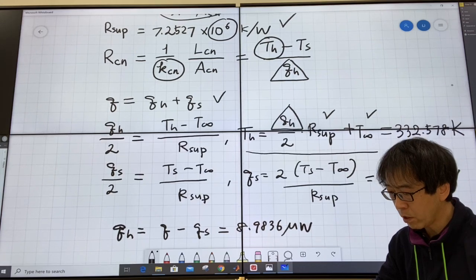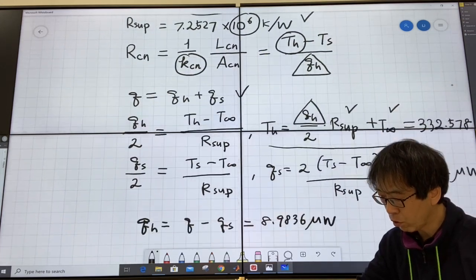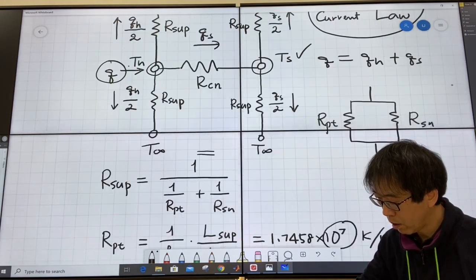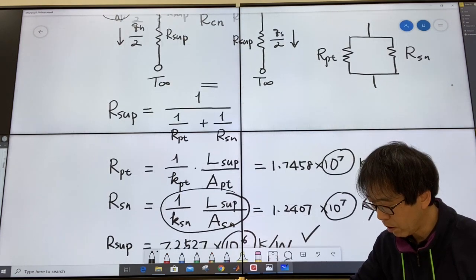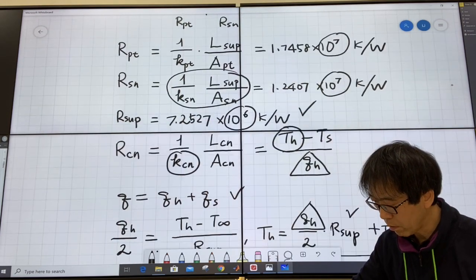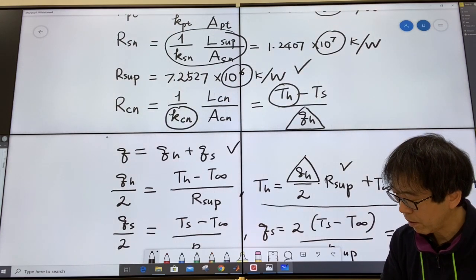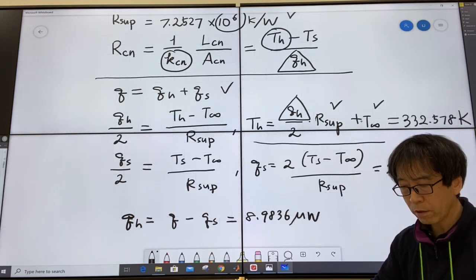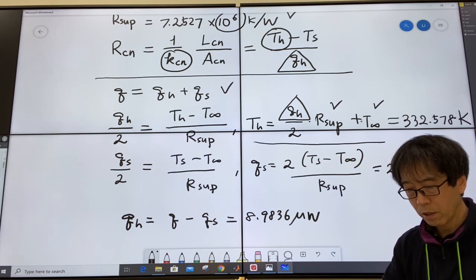So what is the thermal conductivity of carbon nanotube? Where is it given? It's given anyway. Yeah, it's right here. So you can calculate indeed KCN.